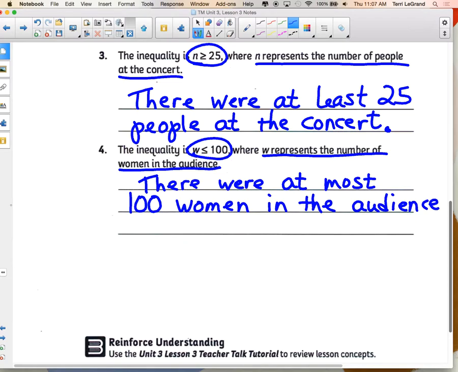Let's be a little more creative here. Let's add where this audience is. Danny, you can finish it. At the movie. Okay, there were at most 100 women in the audience at the movie.